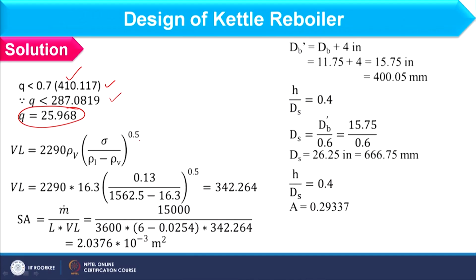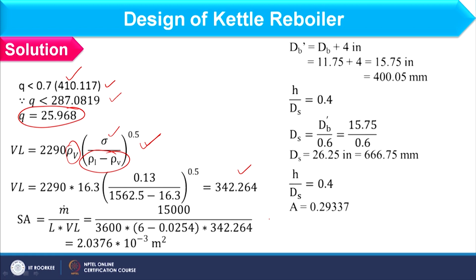So, first see the calculation of vapor loading. As far as the expression is concerned, it is like this, and considering surface tension, densities of liquid and vapor, we can find out vapor loading as 342.264 kg per second meter cube, that is the unit of vapor loading VL.